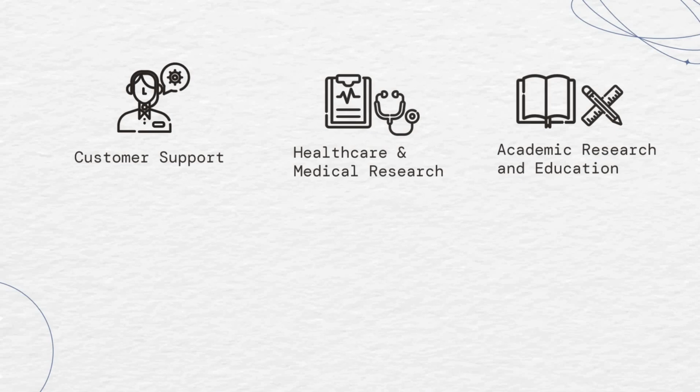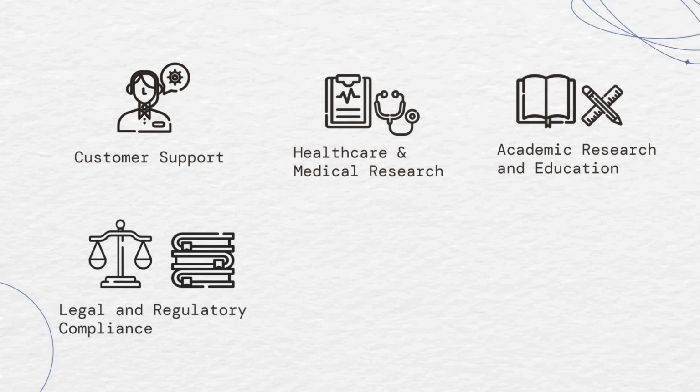Then the next use case is legal and regulatory compliance. And here RAG would deal with assisting legal research. We all know that there are so many rules and regulations that need to be taken into consideration while passing a judgment or in the courtroom, right? And this task can be really extensive in nature.